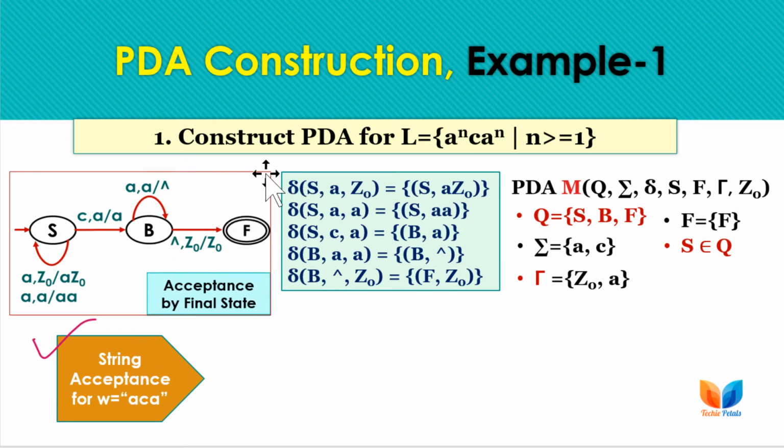If we have an empty stack, that also indicates acceptance of the string, otherwise the string is rejected. So for string acceptance we have to include all three components: suppose the present state is S at the start of the string, the string is ACA, and the present stack symbol is Z0. You have to write all these things: the present state, the remaining input symbols, and the present stack symbol.